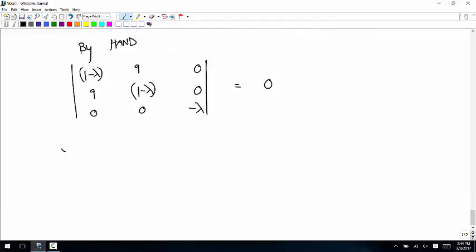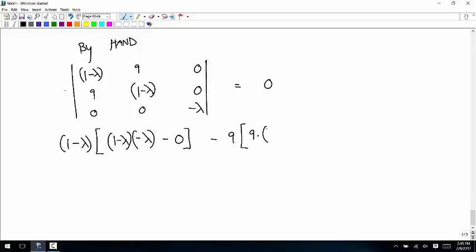In this case, the polynomial would be 1 minus lambda times the quantity, 1 minus lambda times negative lambda minus 0, and then minus 9 times the quantity, 9 times negative lambda minus 0, plus 0 equals 0.